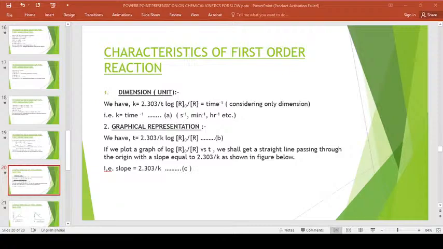Next, part B: rate equal to k, concentration of A raised to the power 3 by 2 into concentration of B raised to the power minus 1. So here two rate law expressions are given to you.